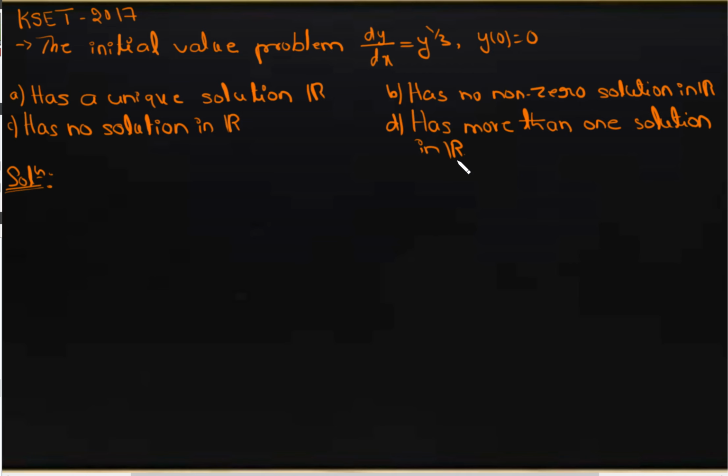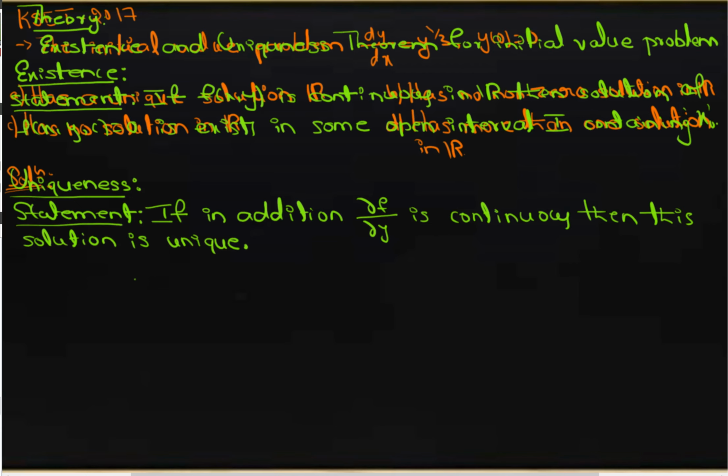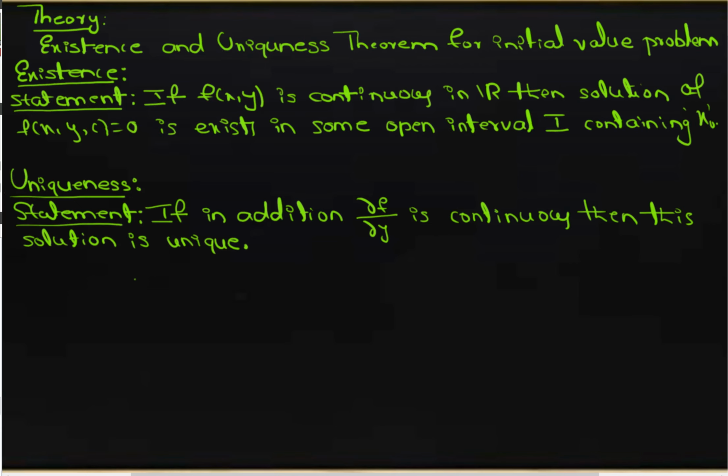Now we see the theory behind this example. Existence and uniqueness theorem for initial value problem. The statement is like this: for existence, if f of x, y is continuous in a real number region, then the solution of the initial value problem exists in some open interval I containing the point x naught.